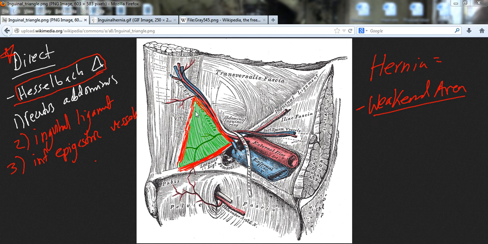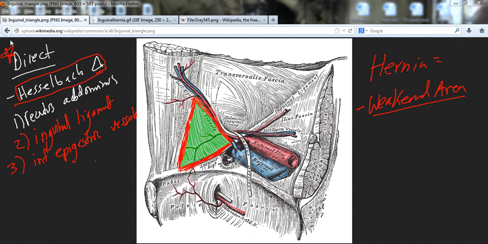So this area right here is going to be a weakened area. Hesselbach's triangle is going to be a notoriously weakened area. So bowel is typically kind of just in this little basin here. It's going to stick out or protrude through a weakening of Hesselbach's triangle, and that's going to be medial to the inferior epigastric vessels.